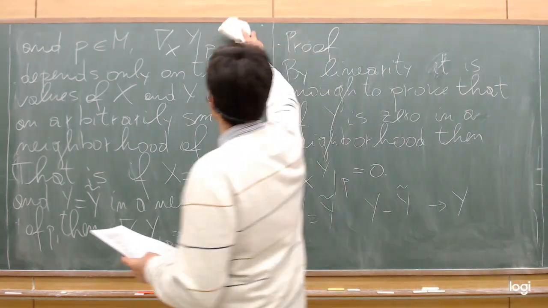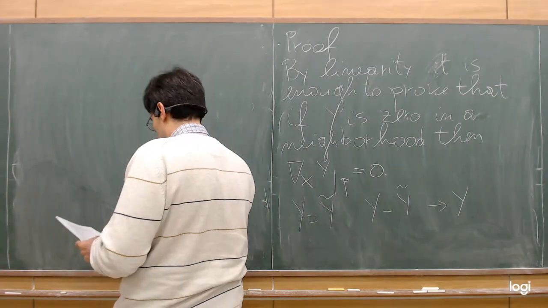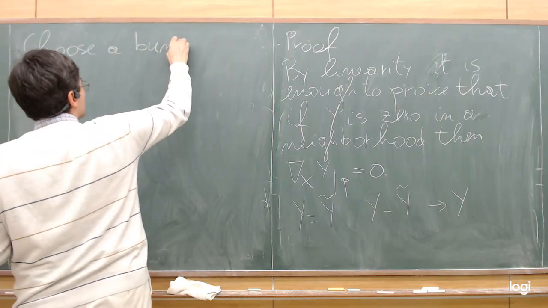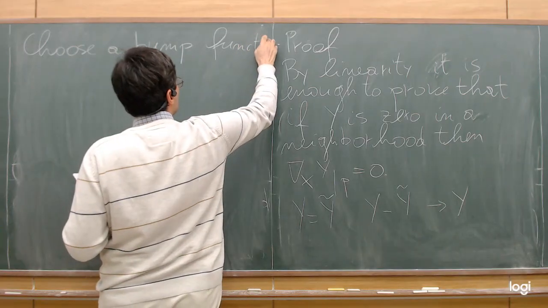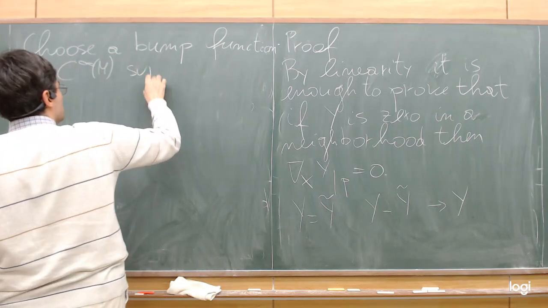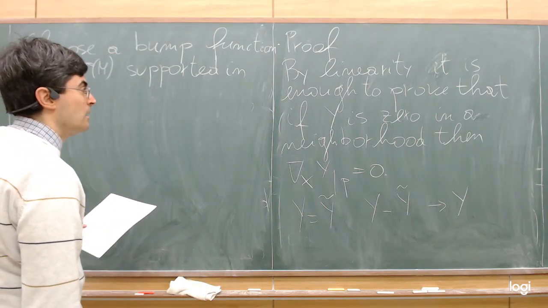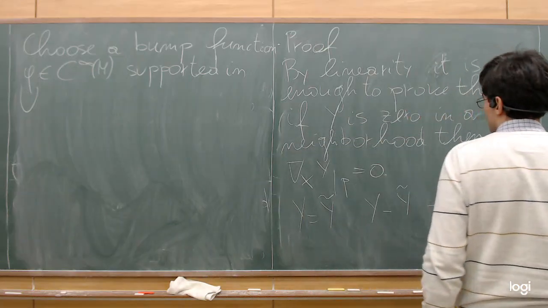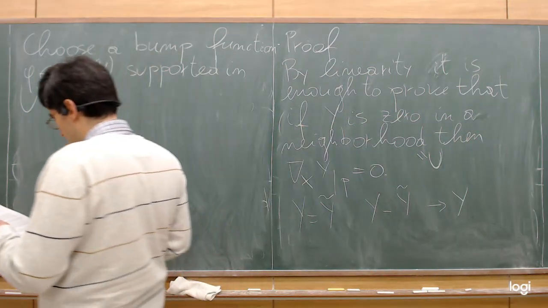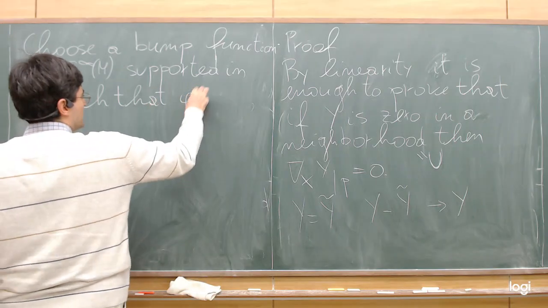Okay, so choose a bump function φ supported in U, which is exactly this neighborhood here, such that φ(P) is equal to 1.